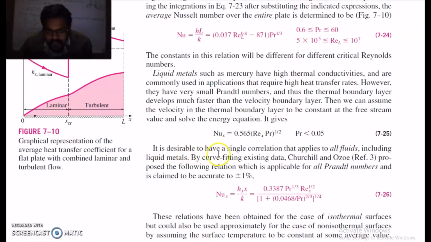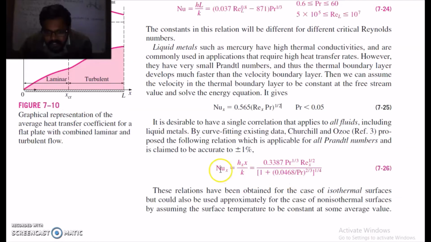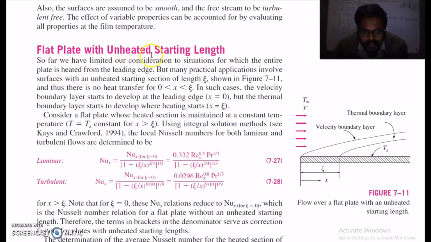It is desirable to have a single correlation that applies to all fluids, including liquid metals, by curve fitting existing data. The relation which we had for all Prandtl numbers is Nusselt number h_x x by k is equal to this. So these relations have been obtained for the case of an isothermal surface.